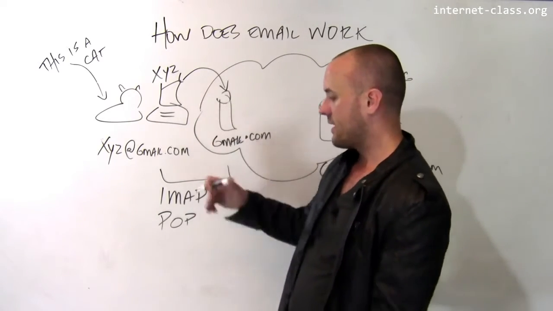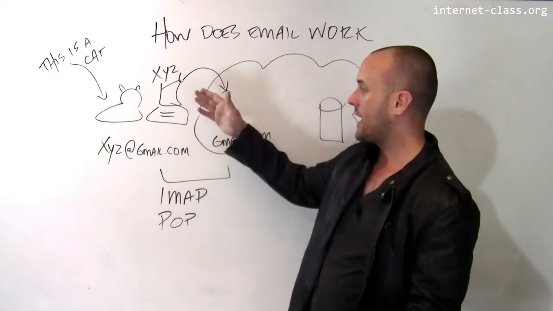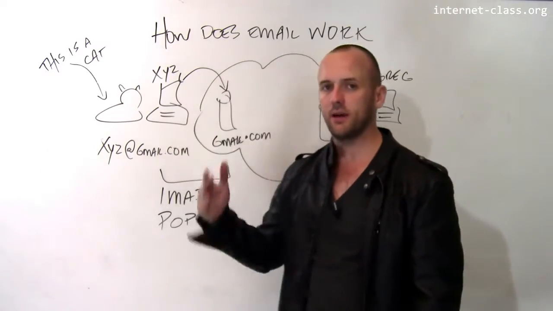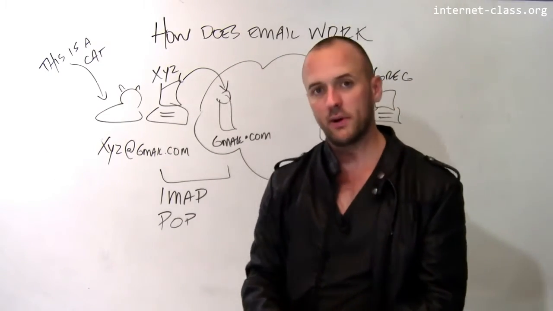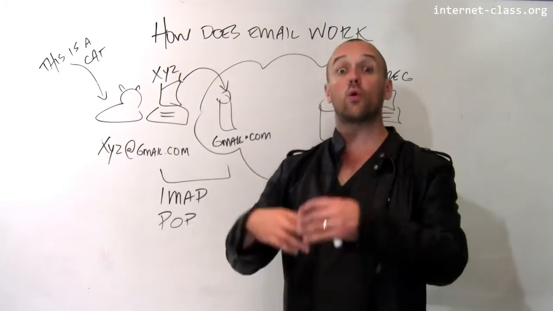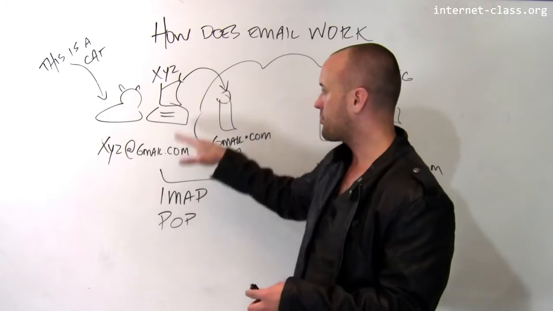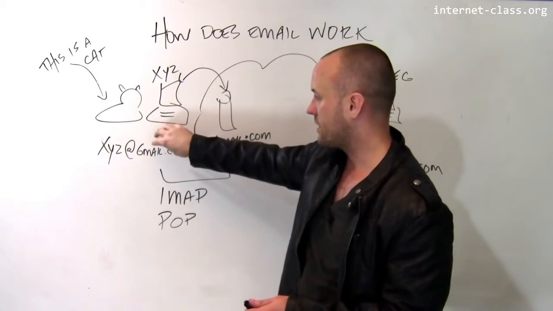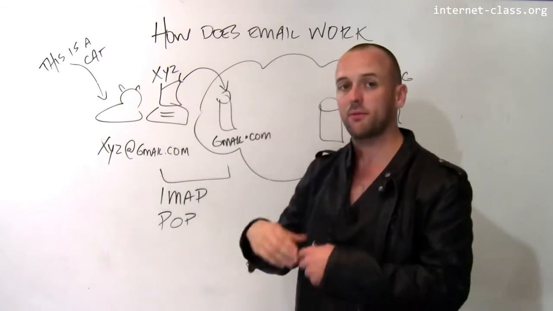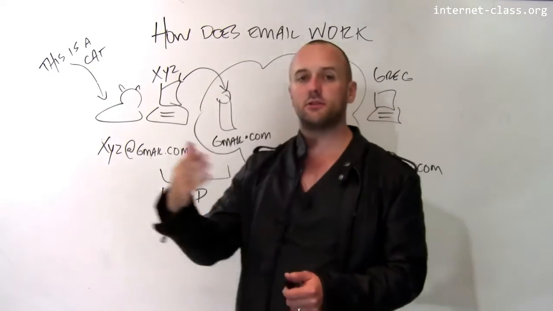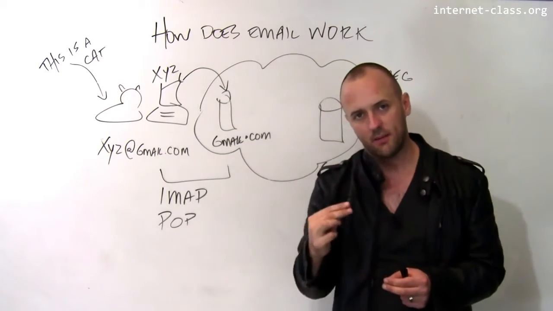These protocols are designed to allow a mail client to communicate with the mail server to do things like retrieve mail, send mail, organize mail, put mail into folders. So these protocols run between a mail client that typically runs on your computer and a mail server that you connect to. That's the first step in sending mail.